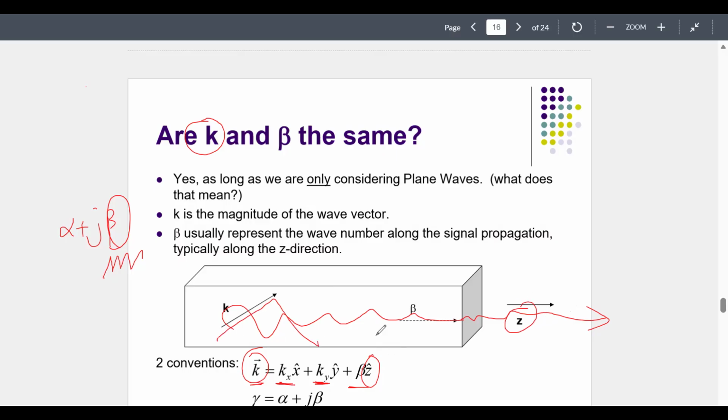Even though the wave inside would wiggle and bounce all over, so K would be all over the place, beta would represent the propagation of the signal along the fiber or along the waveguide. So in that case, beta is the Z component of K. You can think of it that way.